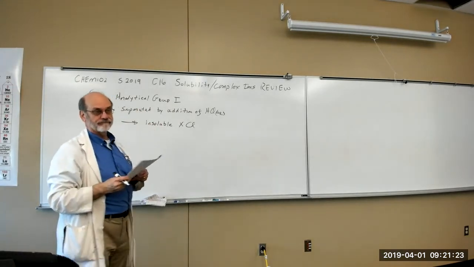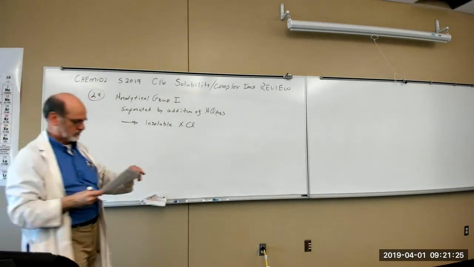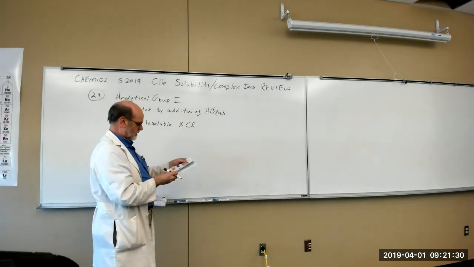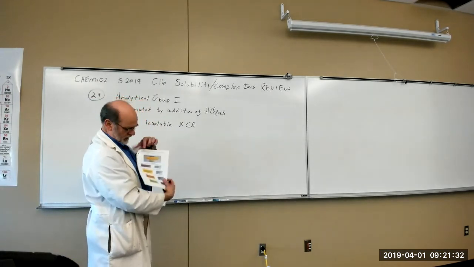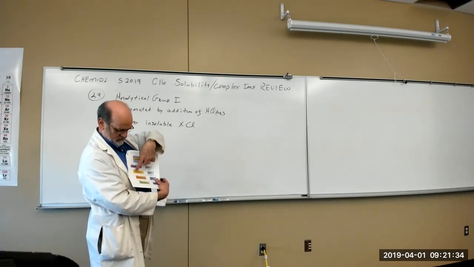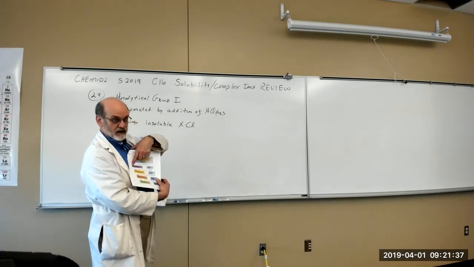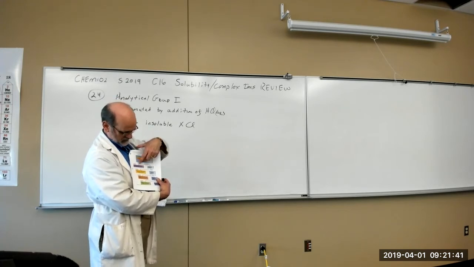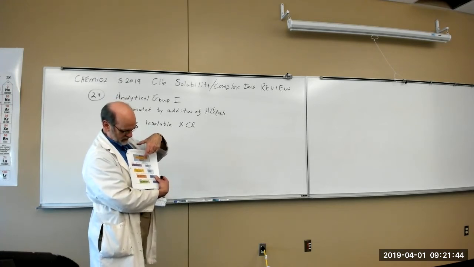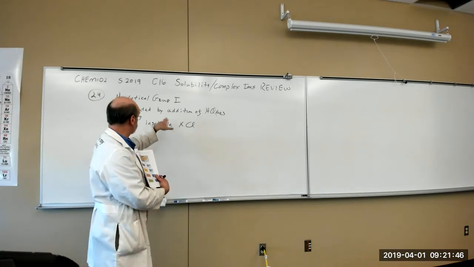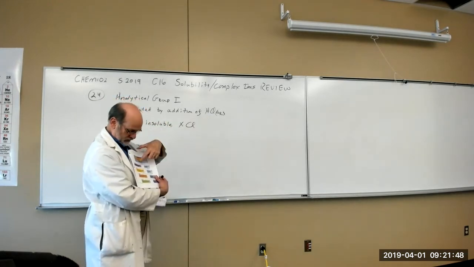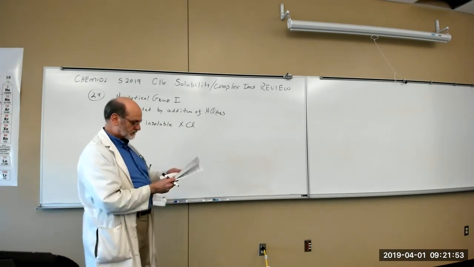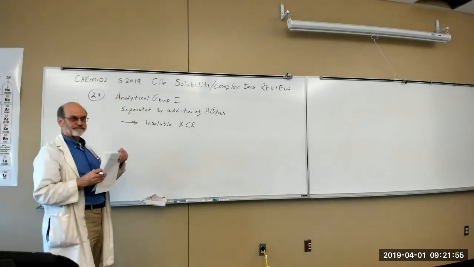Okay? If we just look at the chart, here we go. On the right-hand side, these are the precipitating groups. Right. Group 1 is the first separation that occurs by addition of hydrochloric acid, and it produces insoluble chlorides. Okay?